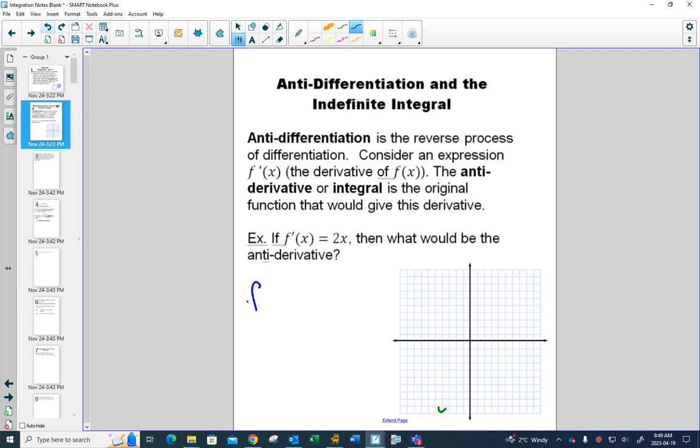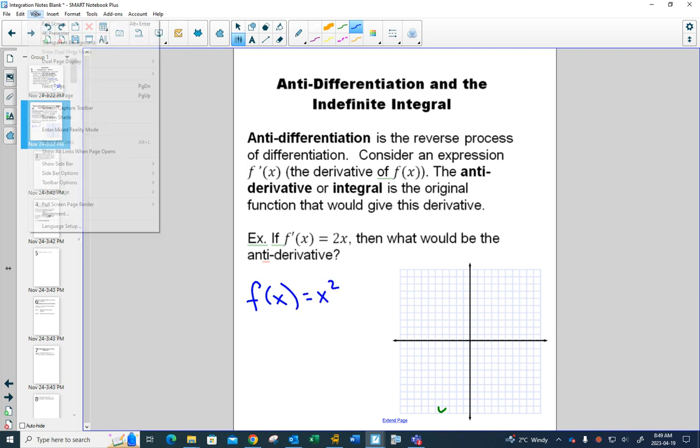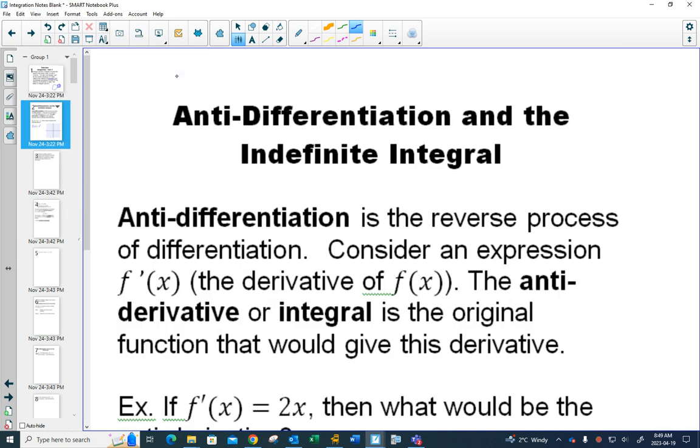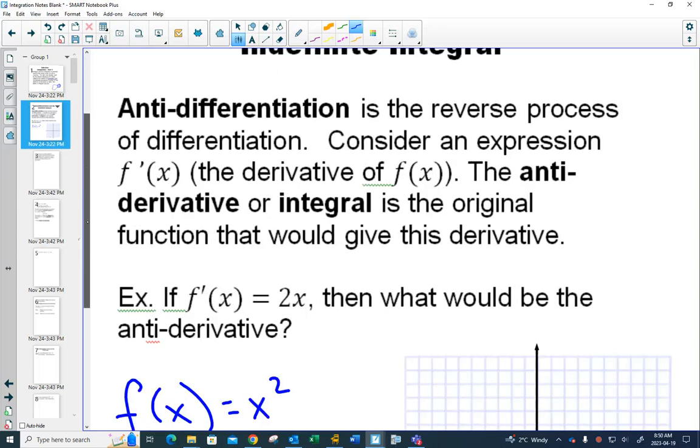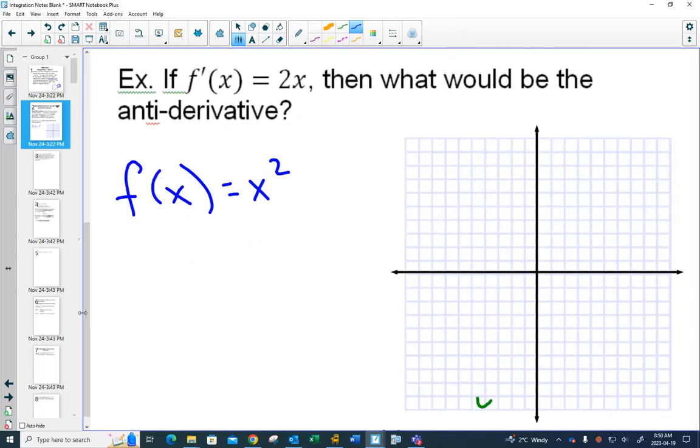Well, it would have been x squared. And we also talked about this earlier, that it could have been x squared just by itself, or it might have been x squared plus 5.